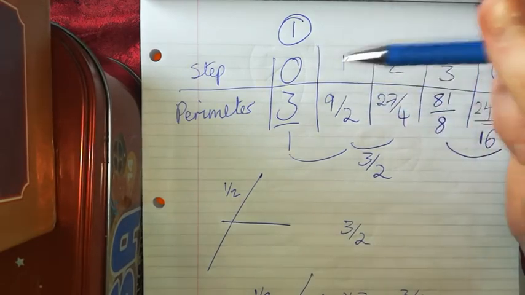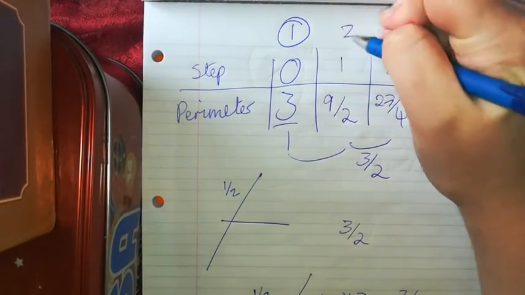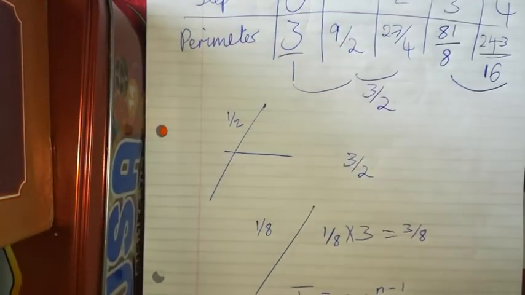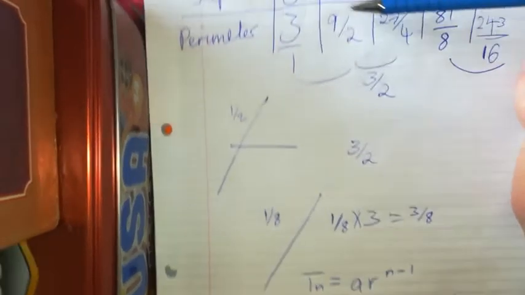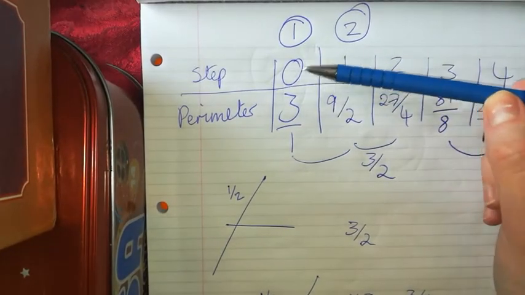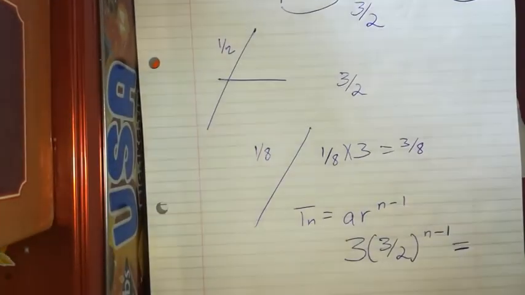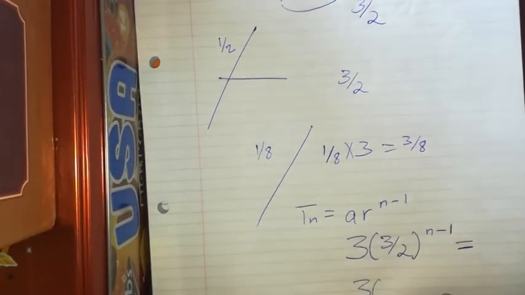In pattern number 1, it's really step number 0. In pattern number 2, it's really step number 1. So if I have step number 0, it's really pattern number 1. But if I have step number 35, it's going to be pattern number 36.